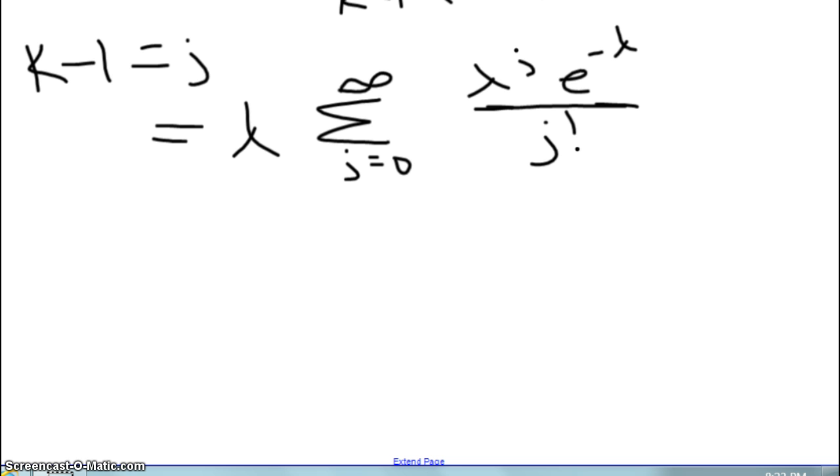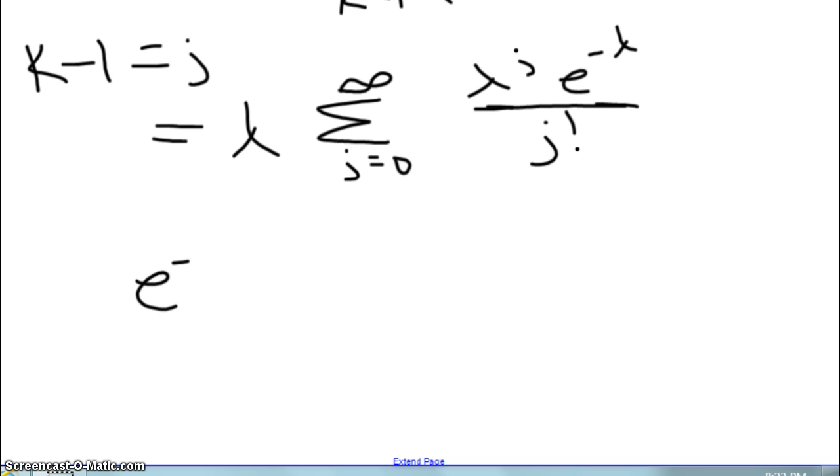So now what we're going to do is pull out e to the minus lambda.